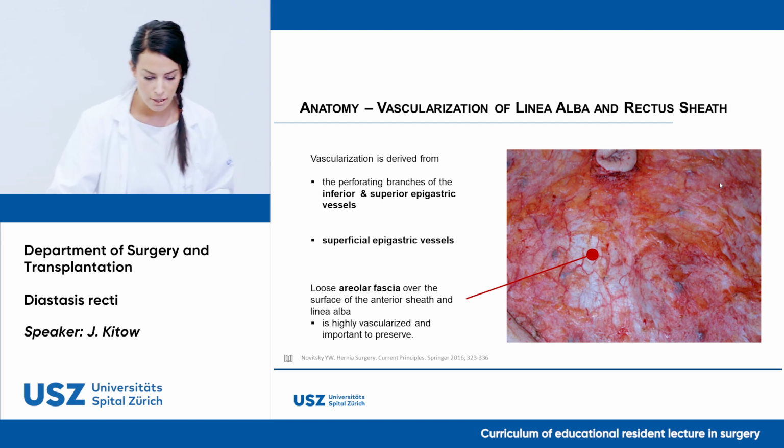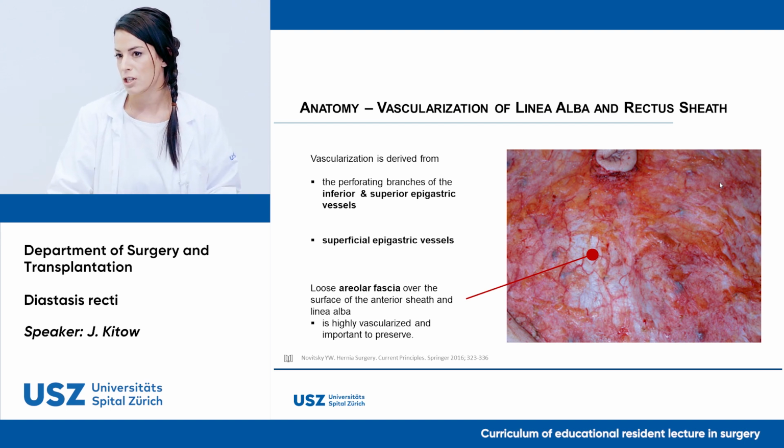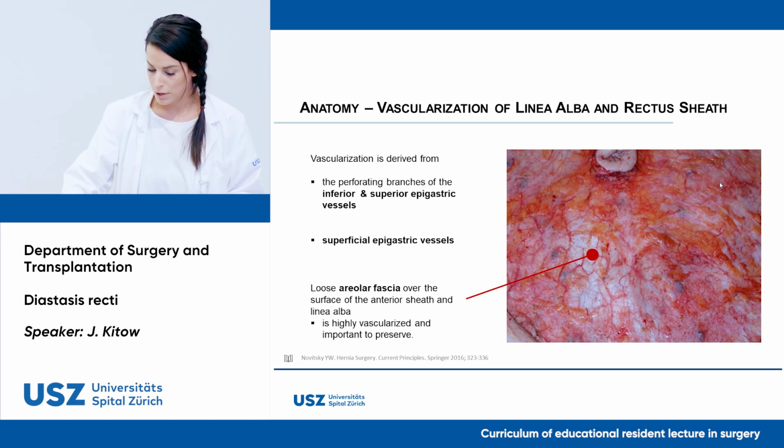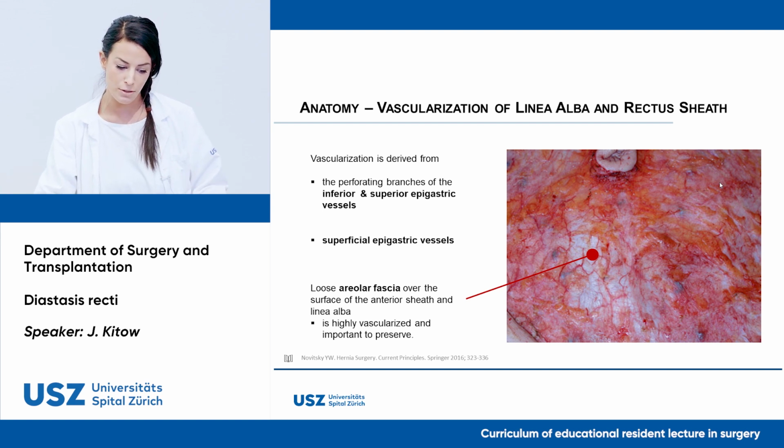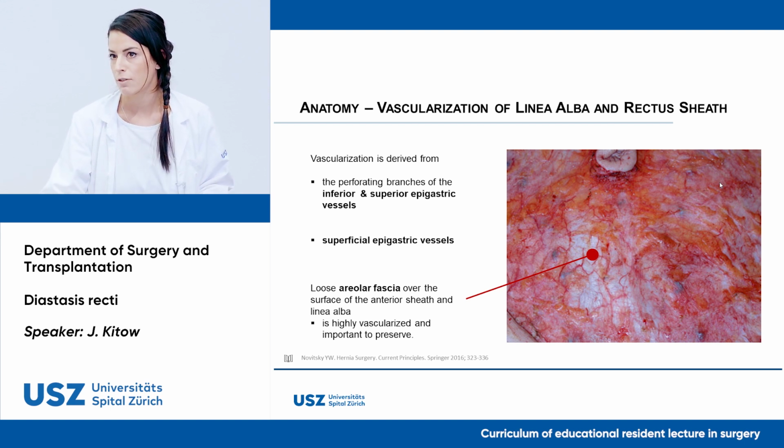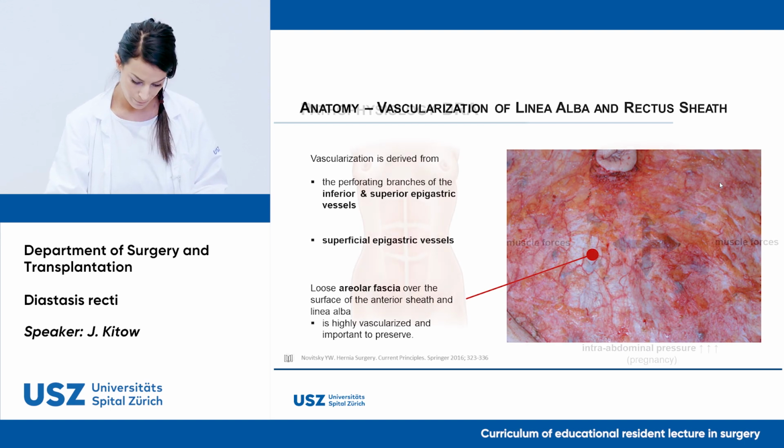And it's very important to try to keep this vascularization intact when it comes to surgery, because otherwise you might find a necrosis of the linea alba and the rectus sheath, or if you cut too much of the lymphatic vessels, which are also placed here, you will have a high risk of a postoperative seroma.